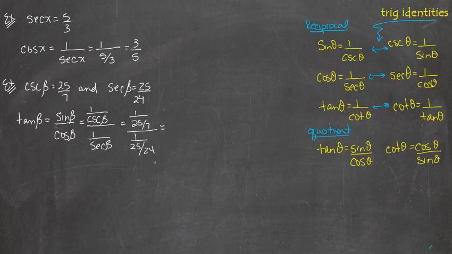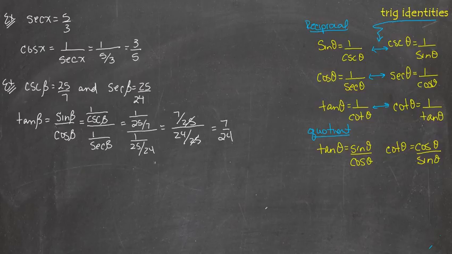And then the reciprocal in the numerator would be 7 on top, 25 on the bottom of the fraction, and 24 on top, 25 on the bottom of the fraction. Denominators cancel, and so 7/24 would be the value for tan beta in this example using both the quotient and reciprocal trig identities.